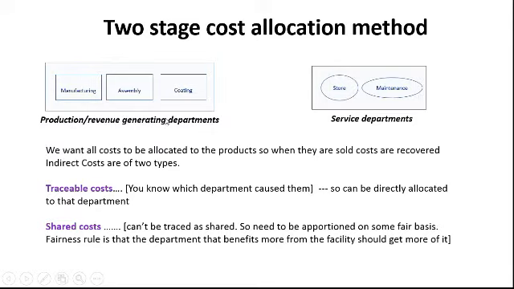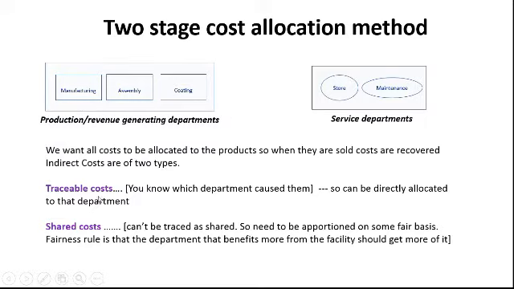We just list all the indirect costs and then allocate them to all the 5 departments. In this case we have 5, but it depends on the situation. We allocate the cost to each department on the principle of how much of the cost is traceable or in any way apportionable to that particular department.